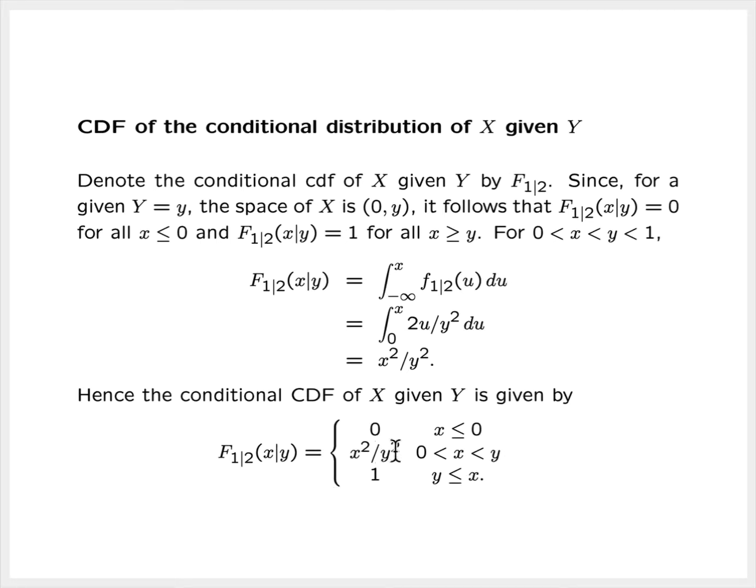You can see that y shows up down here in the denominator of this expression, but it also shows up in the interval over which this expression is applicable, and it also shows up in this interval here over which this portion of the CDF is applicable. So the conditional CDF of x given y does depend on the value of y that we're conditioning on.